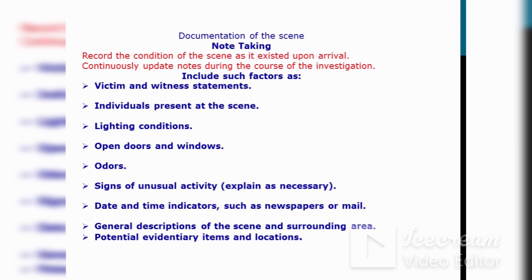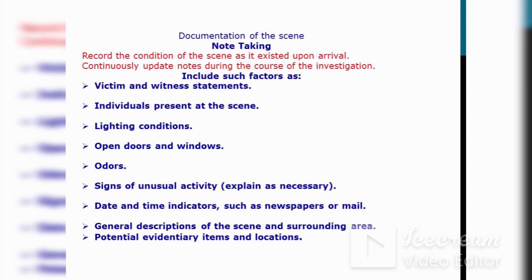Documentation of the scene by taking notes. Record the condition of the scene as it existed upon arrival. Continuously update notes during the course of the investigation. Include factors such as victim and witness statements, individuals present at the scene, lighting conditions, open doors and windows, odors, and signs of unusual activity, explained as necessary.